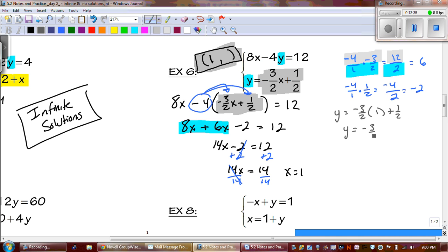So we got negative 3 over 2 plus 1/2. The nice thing is the denominators are the same, so we can just add the numerators. Negative 3 plus 1 is negative 2, and negative 2 over 2 gives us negative 1. That wasn't too bad, was it? So our final point is (1, negative 1).